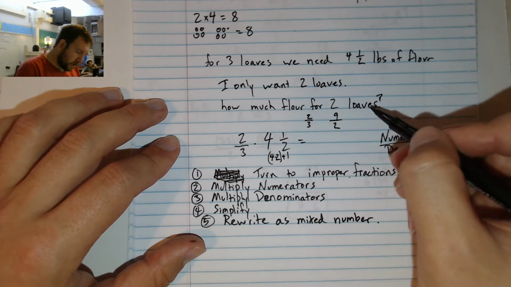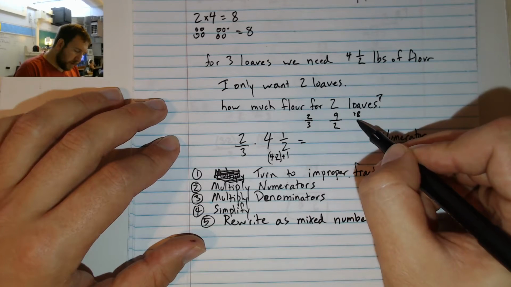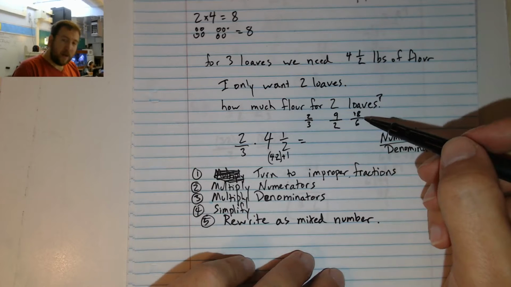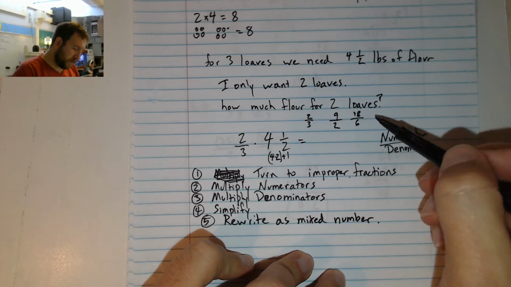So then I can do 2 times 9 is 18. 3 times 2 is 6. So I have 18/6. Before I'm going to pull out my mixed numbers, though, I am going to simplify.